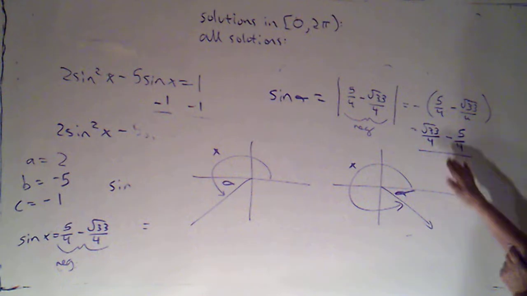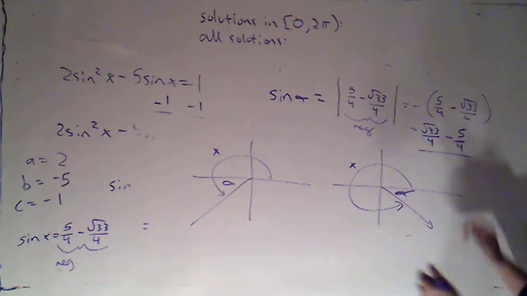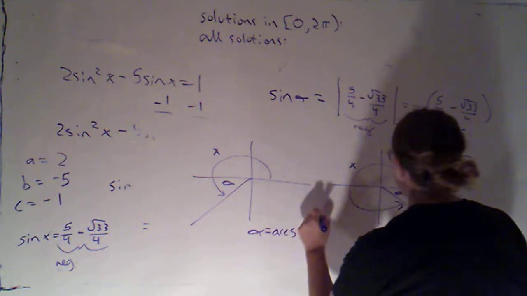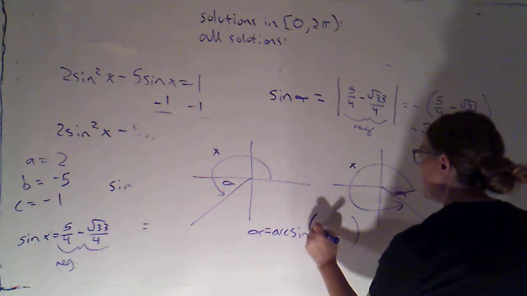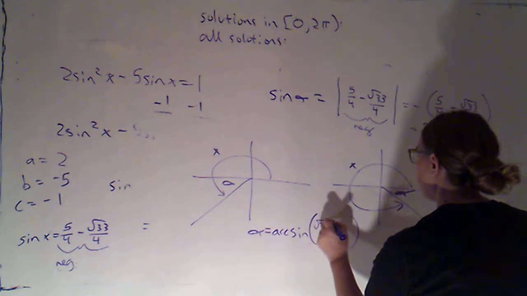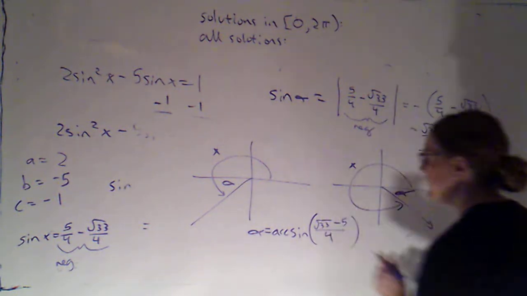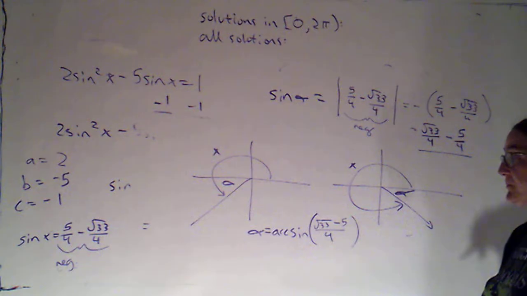Okay. So my alpha is going to be arcsine of, I'm going to go back to just writing it as one fraction, root 33 minus 5 over 4.